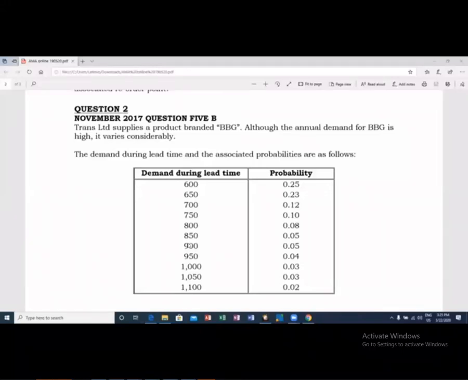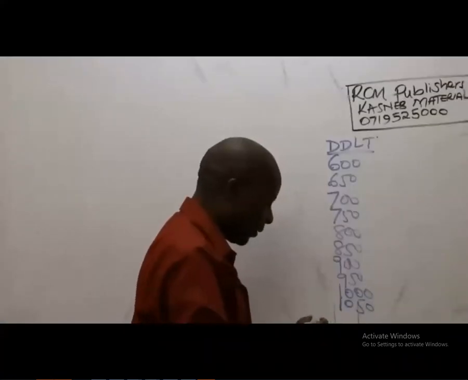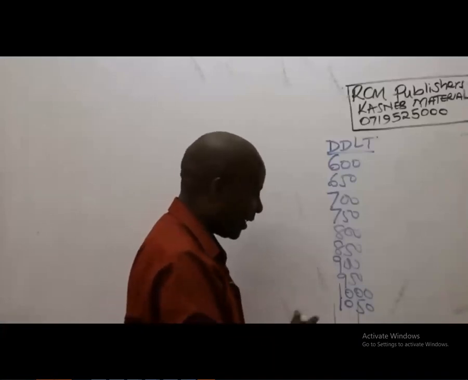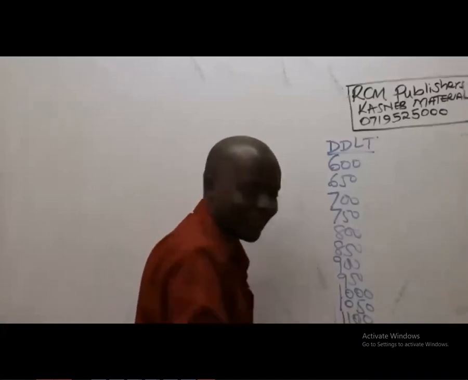They have given me the figures: 600, 650, 700, 750, 800, 850, 900, 950, 1,000, 1050, 1100.